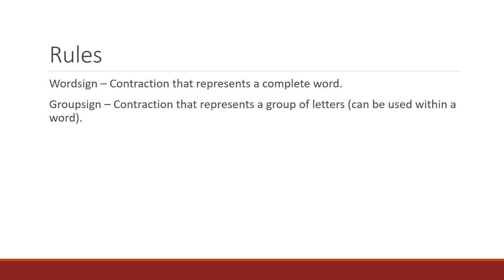You learned the alphabetic word signs in the last lesson. Both the strong contractions and the .5 contractions are part of the word sign group. In addition, the strong contractions and .5 contractions are group signs. A group sign is a group of letters that can be used within a word. This is a new group for you since the alphabetic contractions are not group signs.